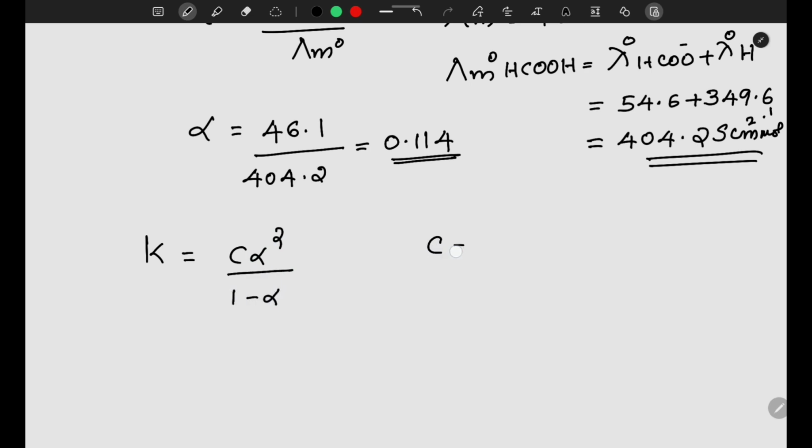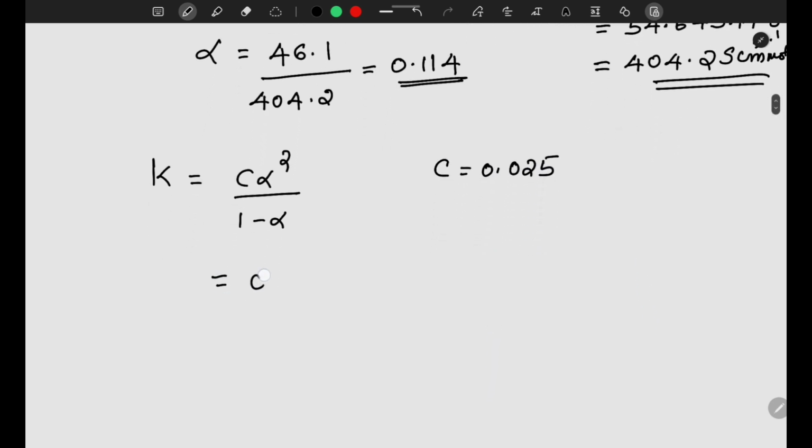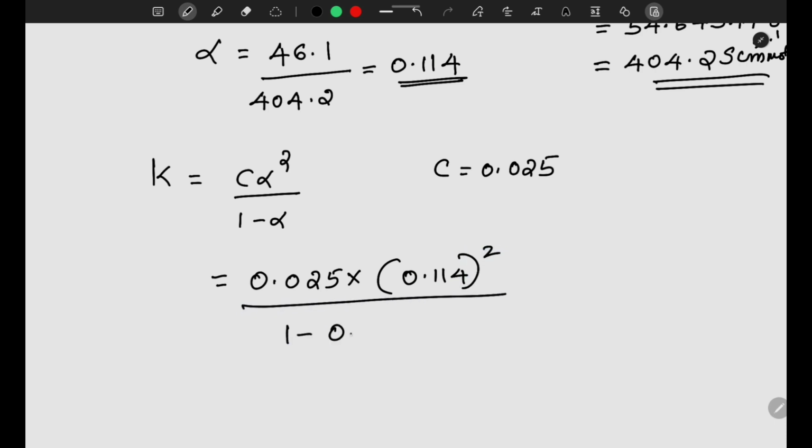Here C is given as 0.025. So let us substitute. That is equal to 0.025 into alpha square, that is 0.114 square, divided by 1 minus 0.114. So when we simplify this, we will get 3.67 into 10 raised to minus 4.